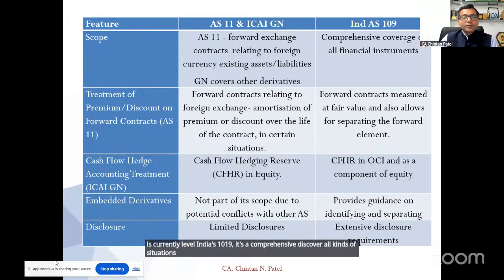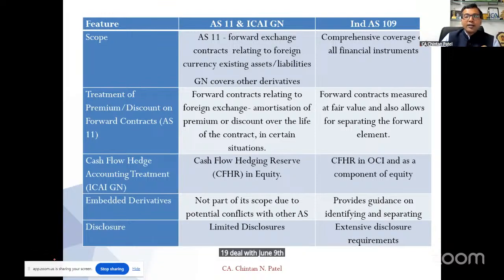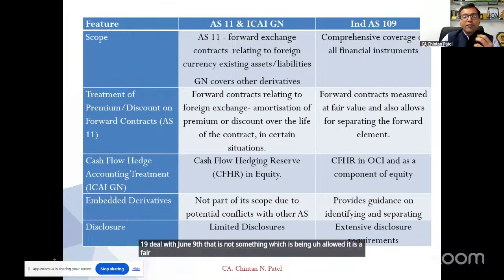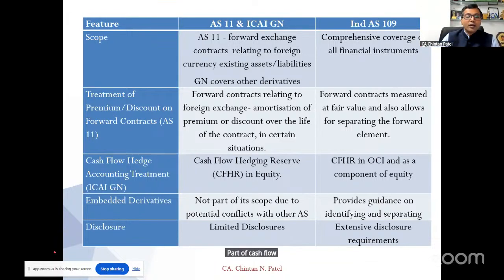Under AS 11, there is also discussion about the treatment of forward premium and option over a period of time. Under Ind AS 109, that is not allowed. Fair value is taken as one of the most important measurements, then it is taken as FVTPL, or if it is hedging, part of cash flow, part of OCI.